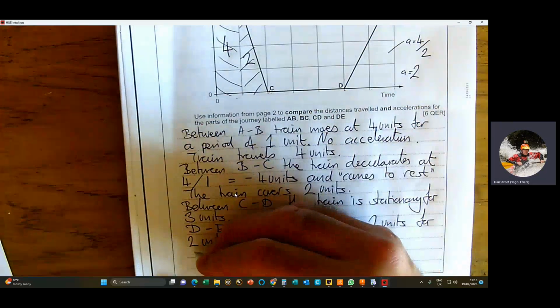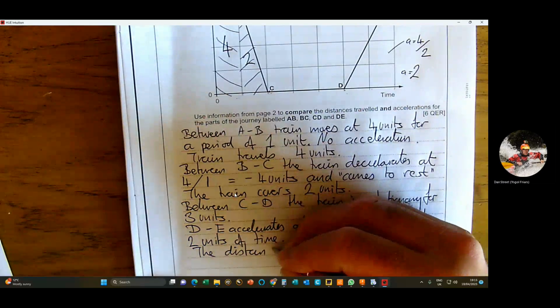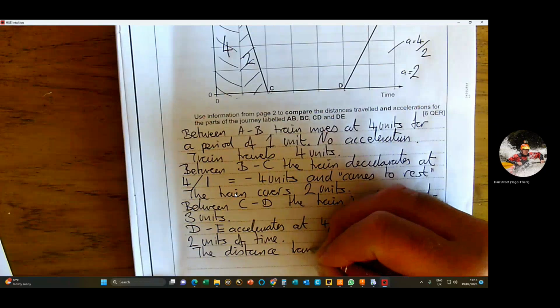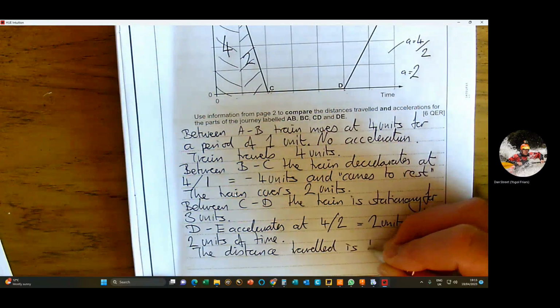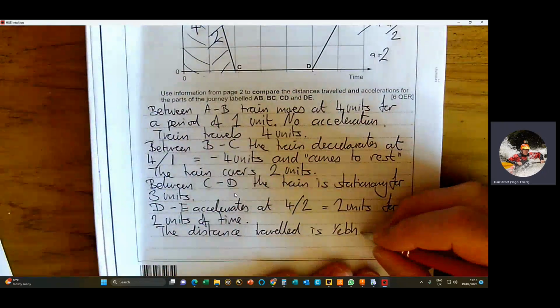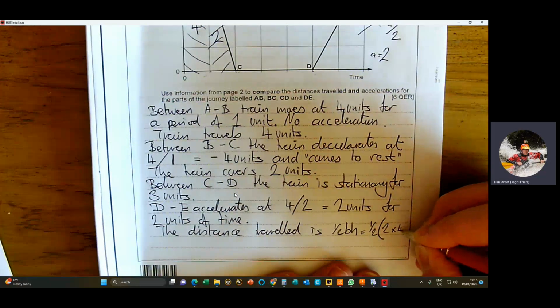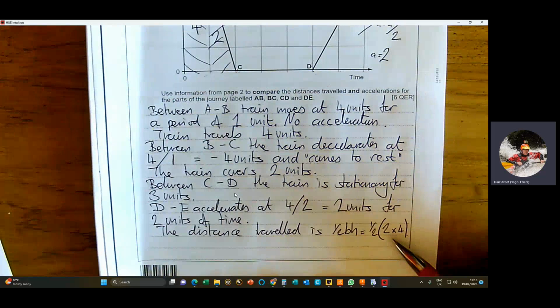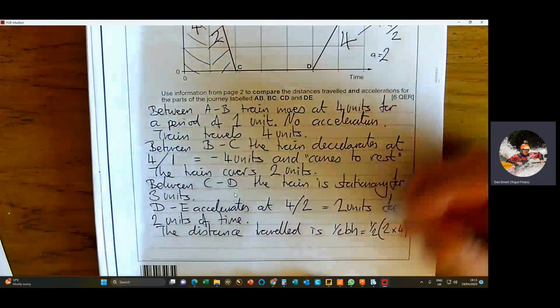So the distance travelled is half base times height, which is half of 2 times 4. So 2 times 4 is 8, and half of that is 4, so that would be 4 units there.